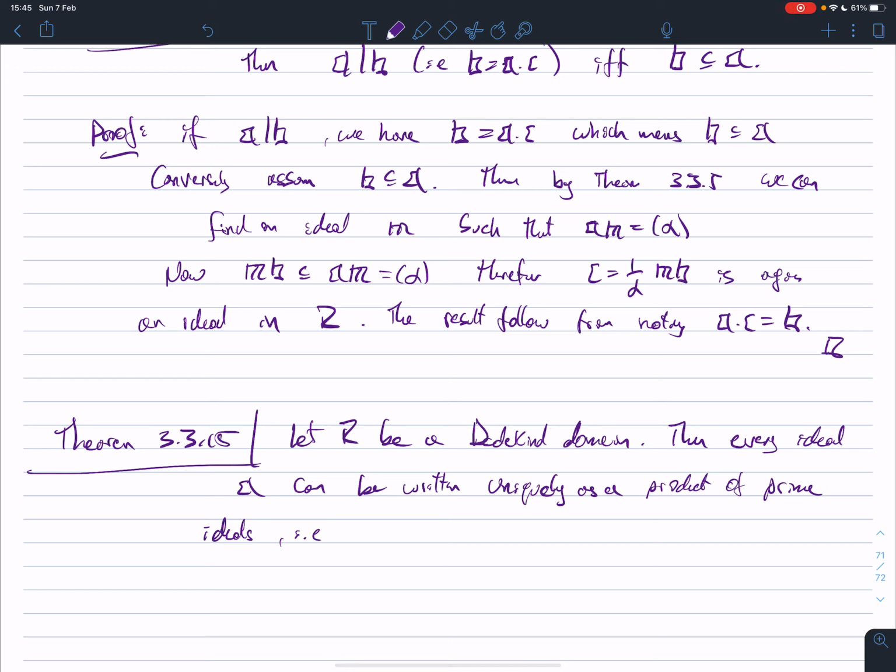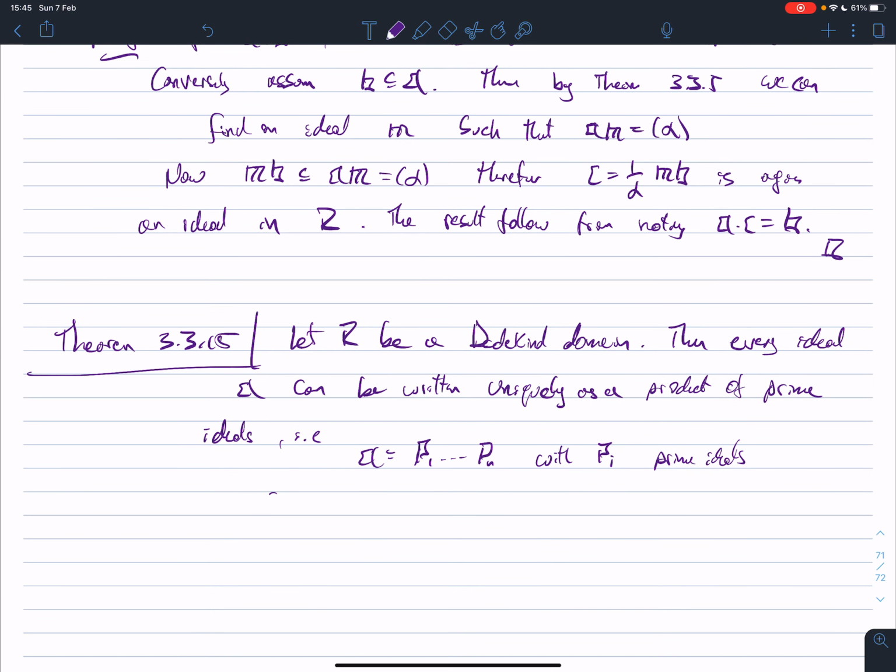In other words, I can write A as P1 to Pn with the Pi prime ideals.